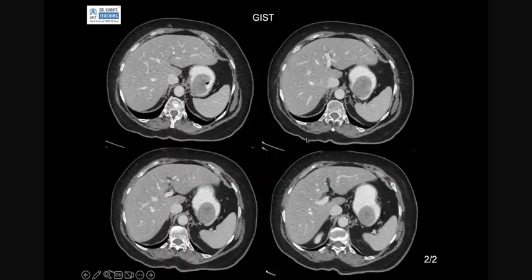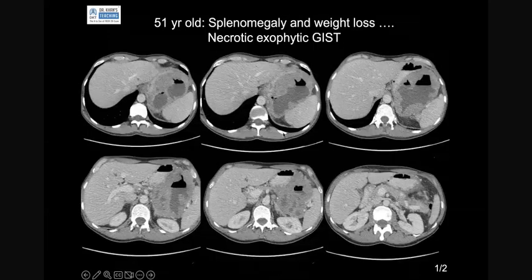Now, this is another case in which this filling defect actually is a GIST on a single contrast barium fill. And on a CT scan, this is what it is with oral contrast. This is an exophytic type of GIST, where you see this is a huge lesion; the stomach itself is this, and this is an exophytic lesion which has a necrotic center.